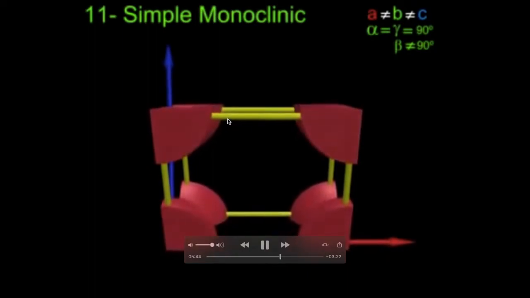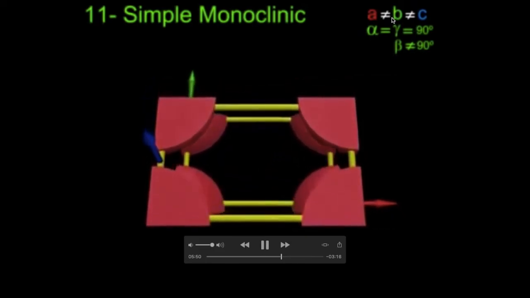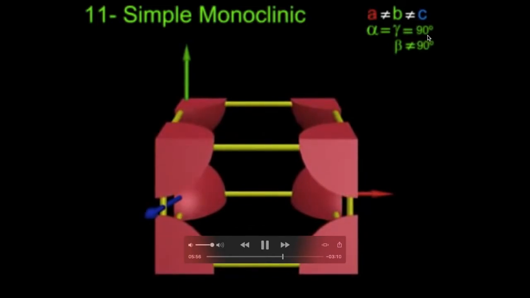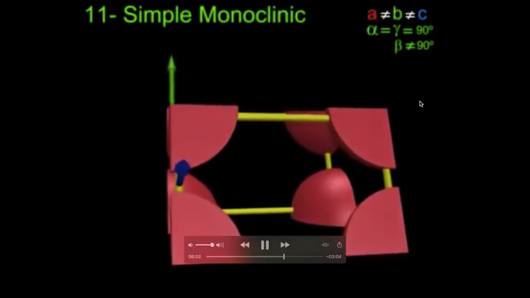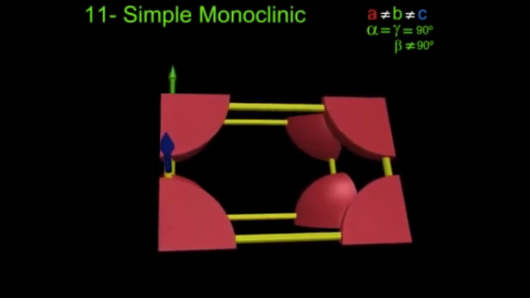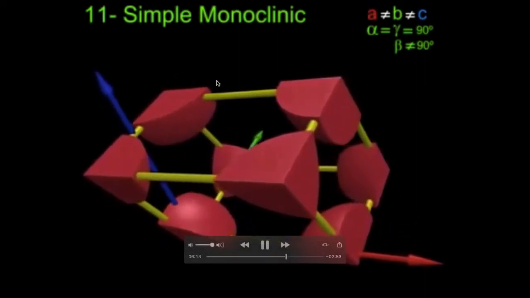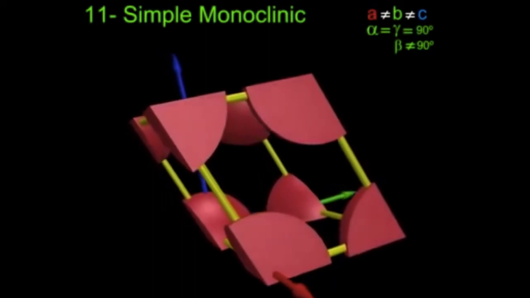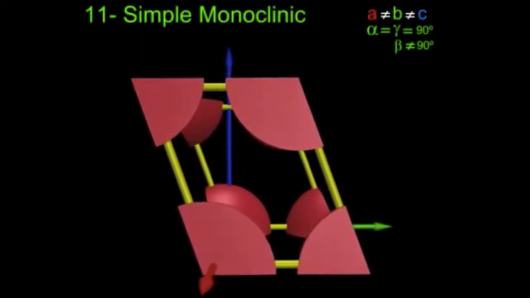Simple monoclinic. Again, a, b and c are not equal to each other, but two angles, alpha and gamma, are equal to 90 degrees, while beta is not equal to 90 degrees. Particles are present at the corners of the unit cell.